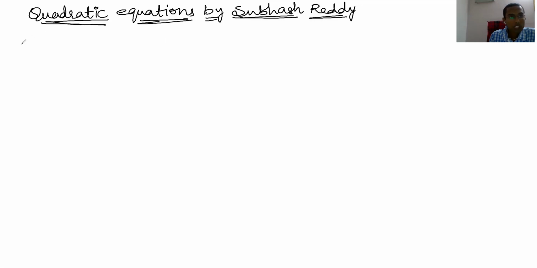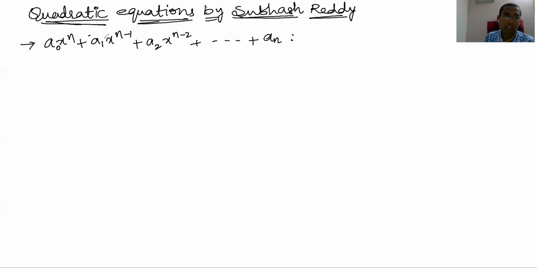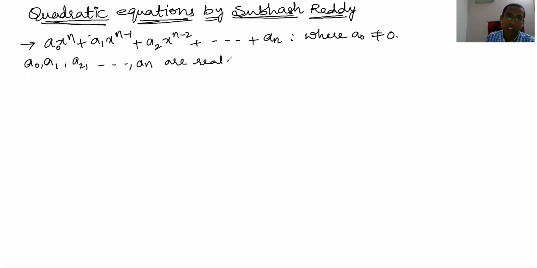First, consider a0 x^n + a1 x^(n-1) + a2 x^(n-2) + ... up to an, where these are real constants, where a0 is not equal to 0, and a0, a1, a2, and so on up to an are all real numbers.